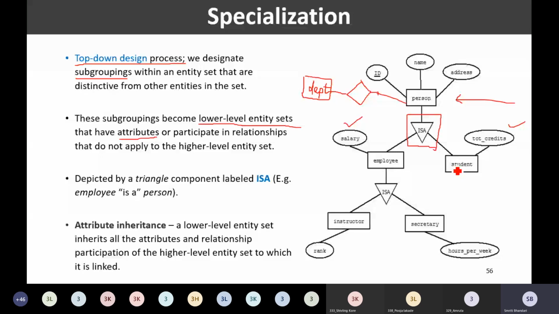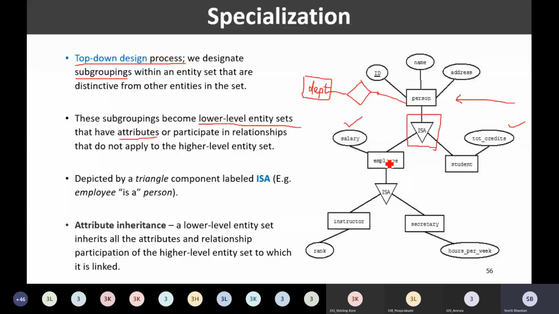Now similarly, we may extend these concepts to a few more levels as well. So once again, here employee is depicted with the separate attribute salary. Now, I may once again have the types of employees.